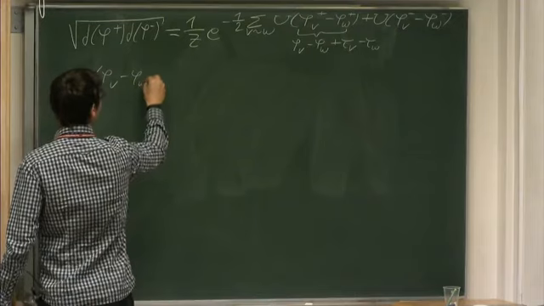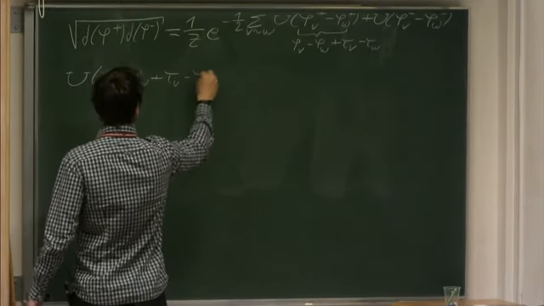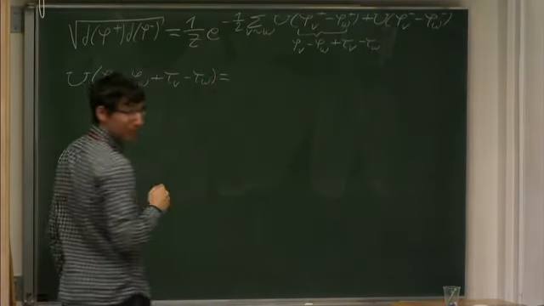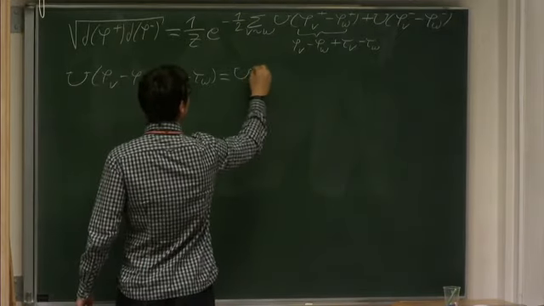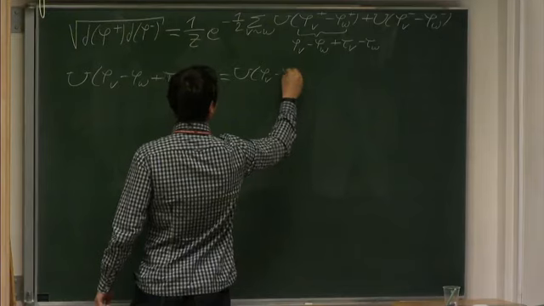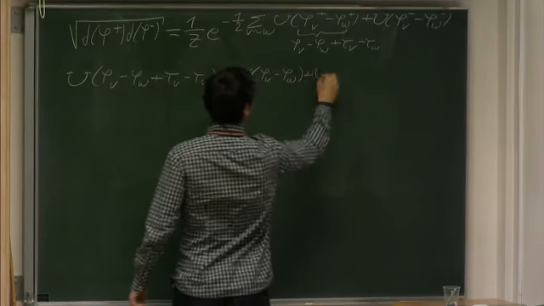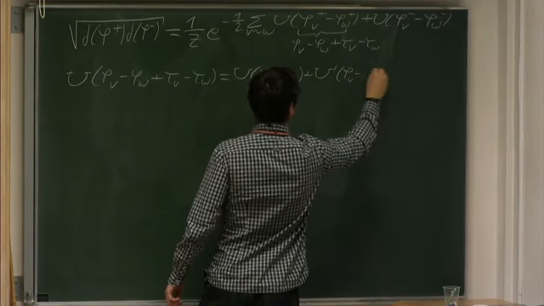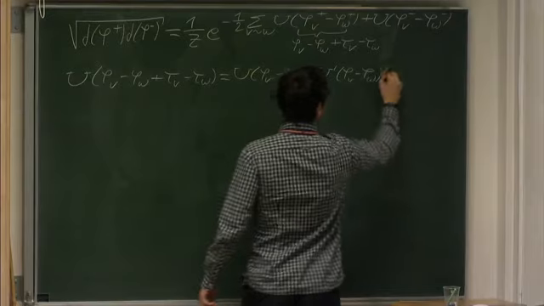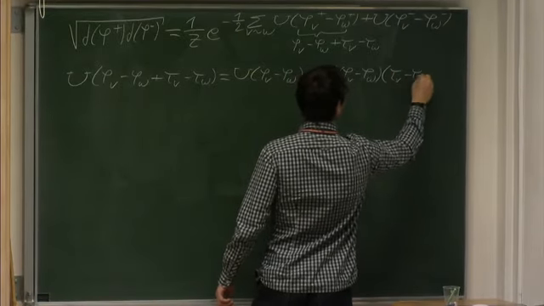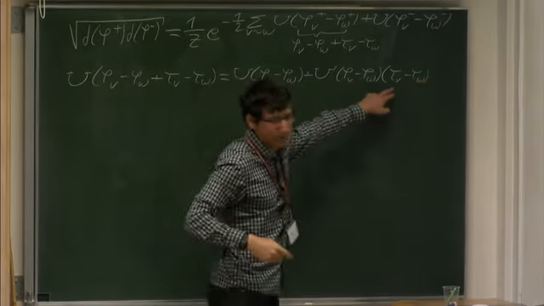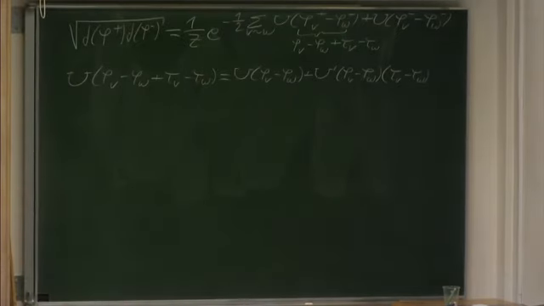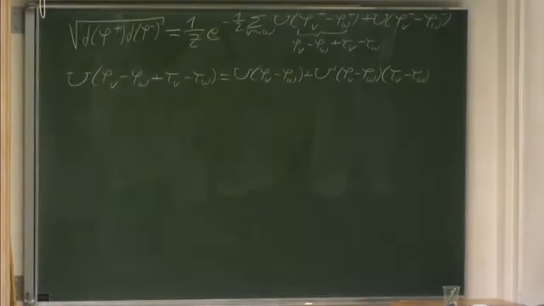U of phi v minus phi w plus tau v minus tau w, by a Taylor expansion, is u at the point phi v minus phi w, plus u prime at the same point times this difference, tau v minus tau w. You should think of this difference as being small, because the sum of squares of all such differences is only a constant.